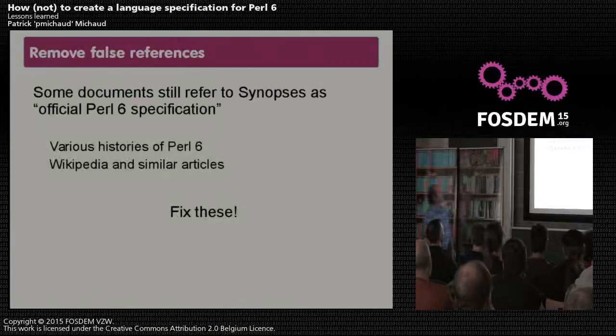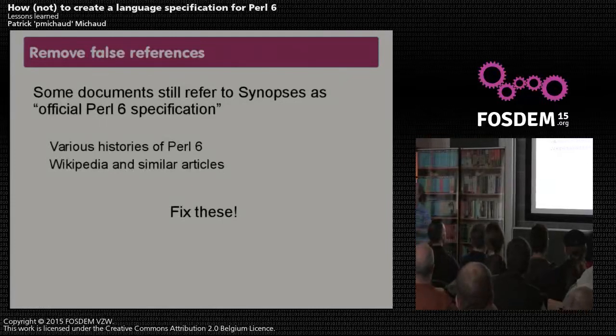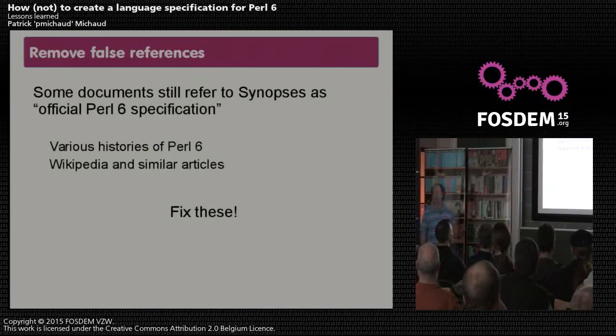We need to get rid of all of the false references to synopses as the official Perl 6 specification, either by making it clear in the documents we produce going forward, or in some cases going back and annotating what already exists to indicate that the synopses really are no longer our specification documents.